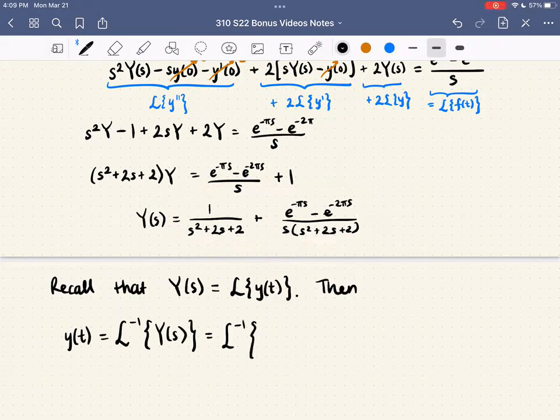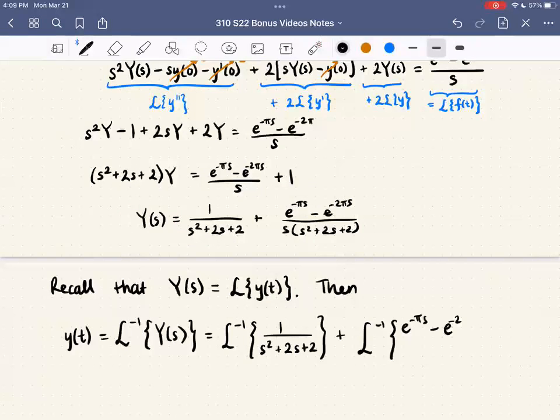Inverse Laplace transform of 1 over s squared plus 2s plus 2, plus the inverse Laplace transform of e to the negative pi s minus e to the negative 2 pi s all over s times s squared plus 2s plus 2.